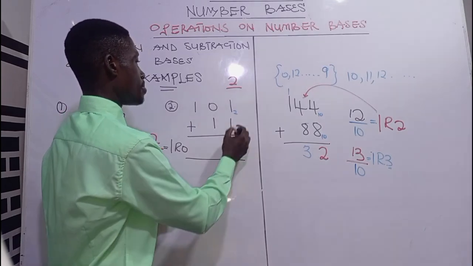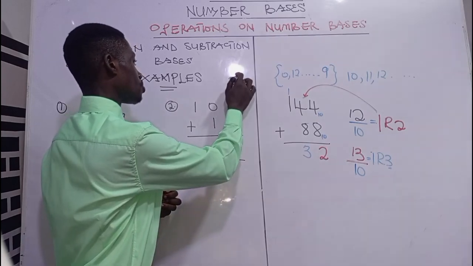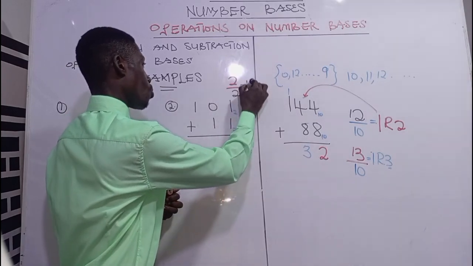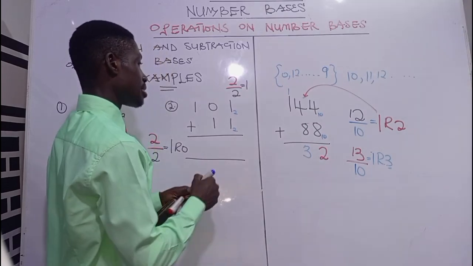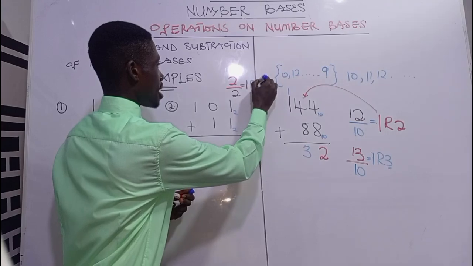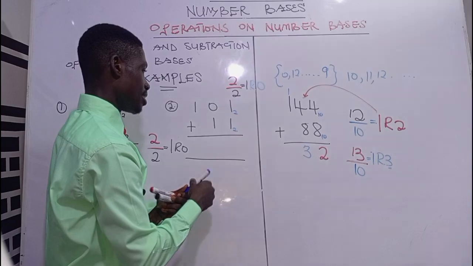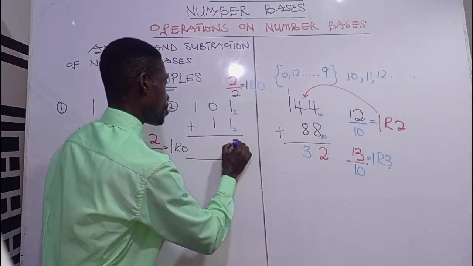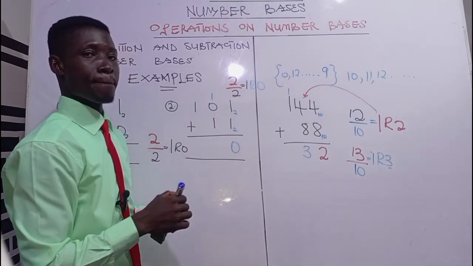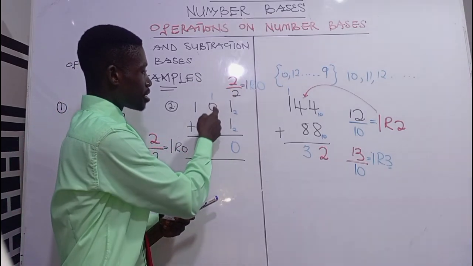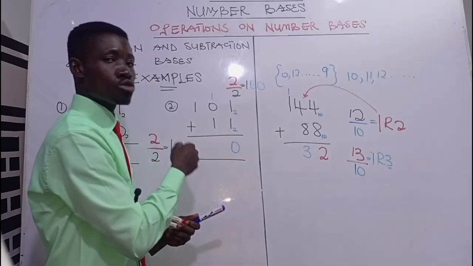The base is what? Base 2. So 2 divided by 2 will give us 1 remainder 0. So it is this remainder that we are going to write here. So we write our remainder 0, and then we carry the quotient to the next number. 1 plus 0 will give us 1. 1 plus 1 will give us 2.